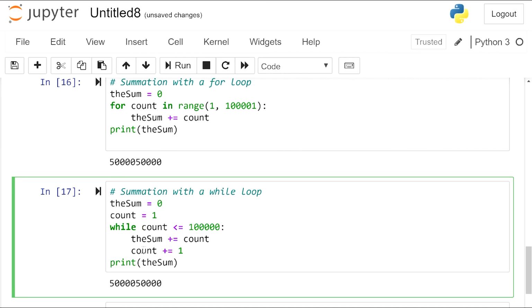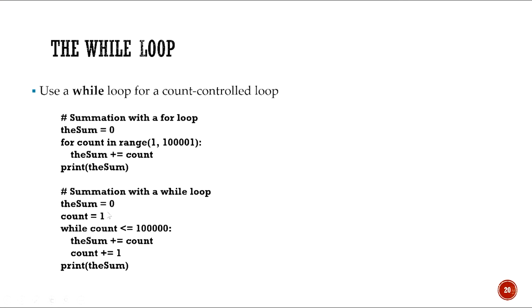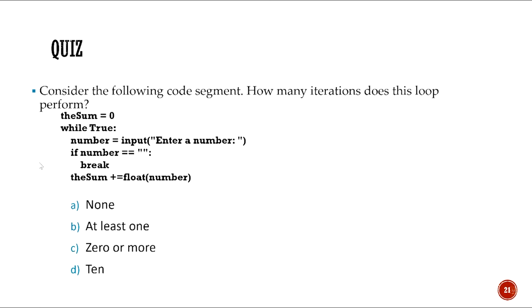And pay attention here, if you don't update the count variable, then it's always true, because count is equal to 1 and it's always less than this number, and you will have an infinite loop, it never stops. So that's how we make sure that we have that termination condition. Okay. You have both pieces of code in this slide. Now, that being said, let's look at this review quiz.